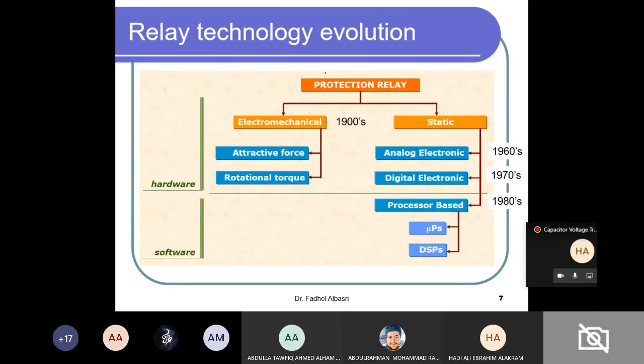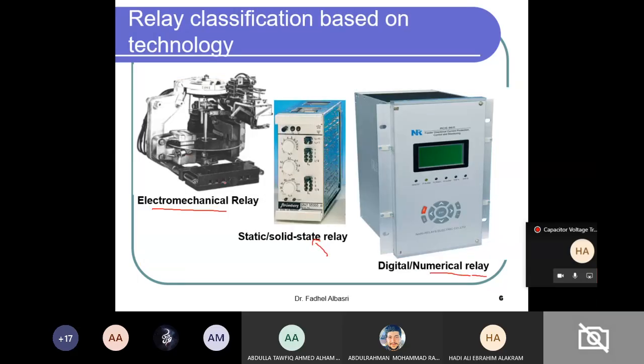Now relays can be classified based on their technology, as in electromechanical relays. They are mostly hardware, right? You have a core, you have a coil, you have magnetic fields, a disk that moves like a motor.